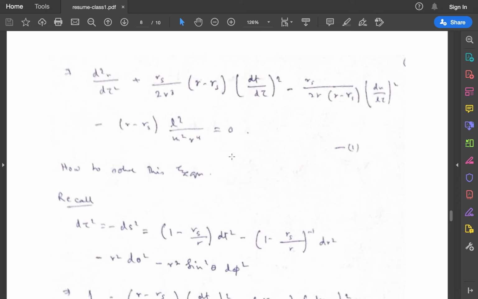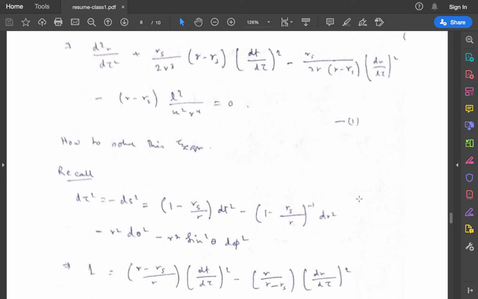We don't know how to solve this because there are many things, but we are saved because if we remember, what is the definition of proper time? Proper time is nothing but the negative of the line element d s square. And d s square, for our chosen metric, is of this form. So let us divide both sides by d tau square, and see what happens.